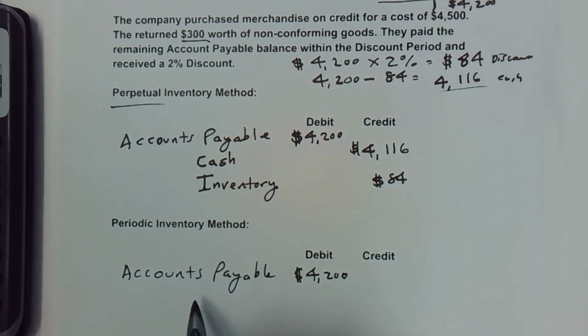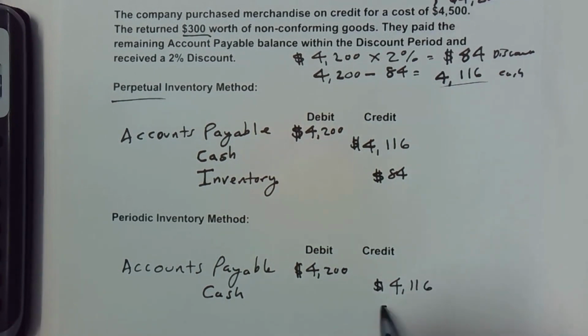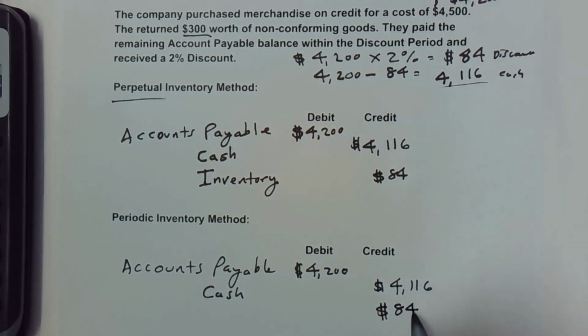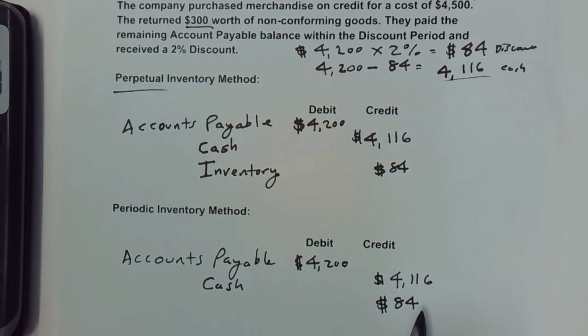And our cash payment, which we're going to credit cash, remains the same, $4,116. The only thing that will change is that discount. We still know it's $84, but in this method, in the periodic inventory method, we're not going to credit inventory.